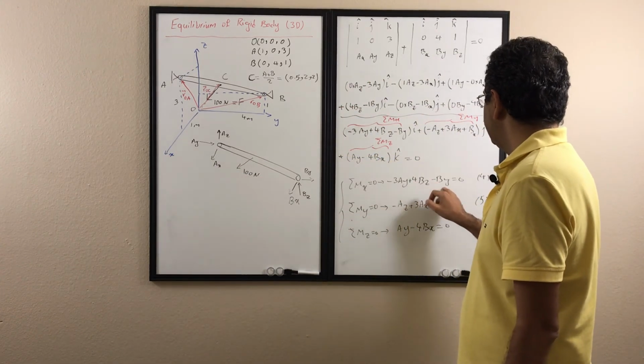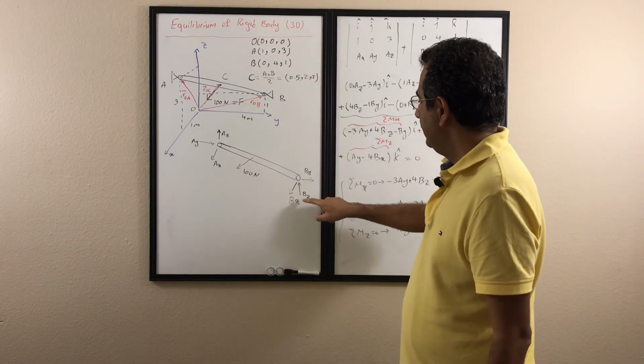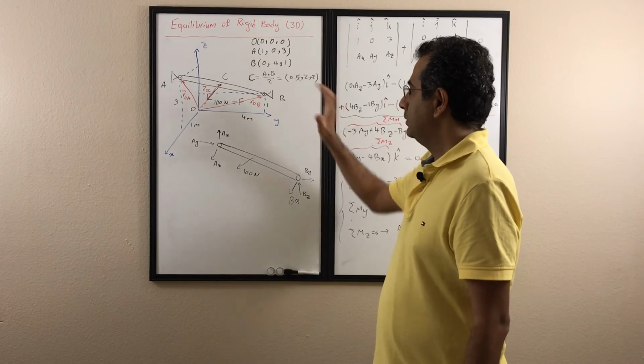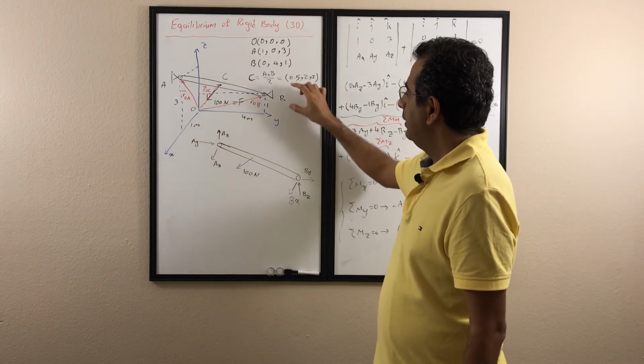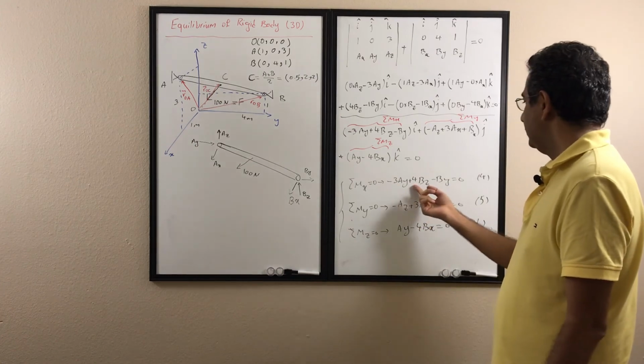So it's going to be negative By. And for Bz, it rotates like that, so my thumb is positive, and the distance is 4, so it's going to be 4 Bz.